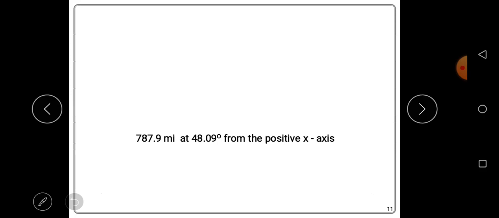So the summary: 787.9 miles at 48.09 degrees from the positive x-axis. So this is the magnitude and this is the direction, so this is the displacement they wanted. So at this point we are done answering the questions.